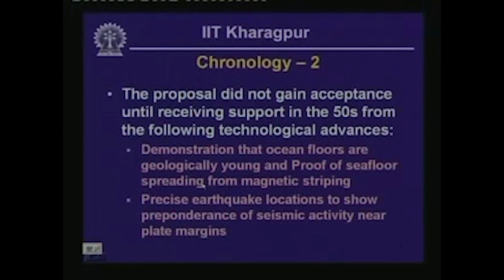Then the second point that you need to consider is that precise earthquake locations were possible because of the development of technology in the 1950s, immediately following the Second World War.